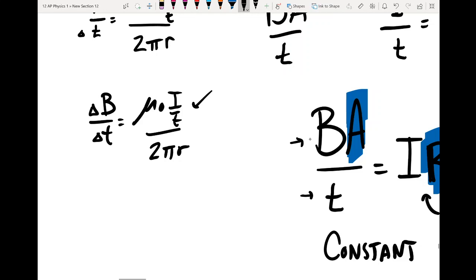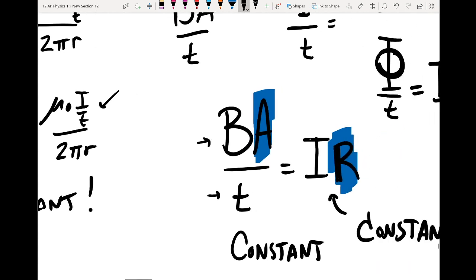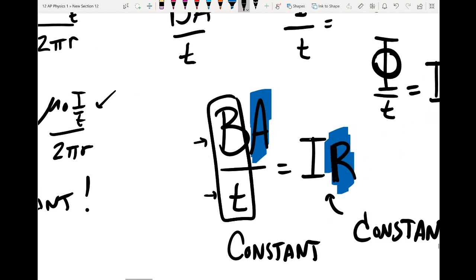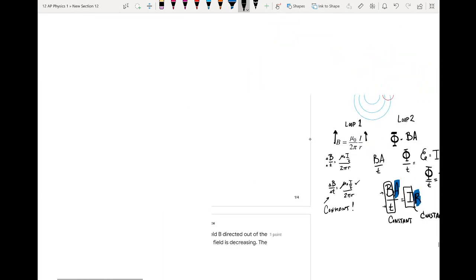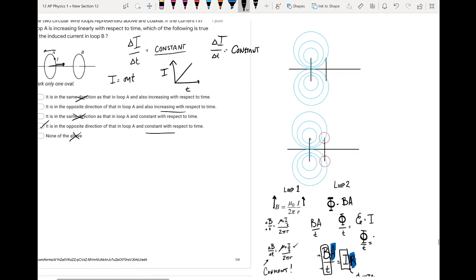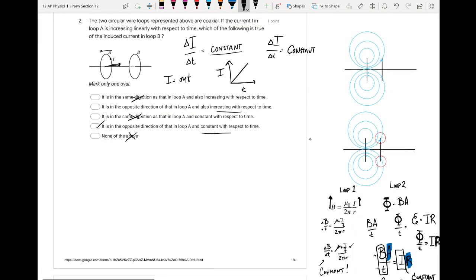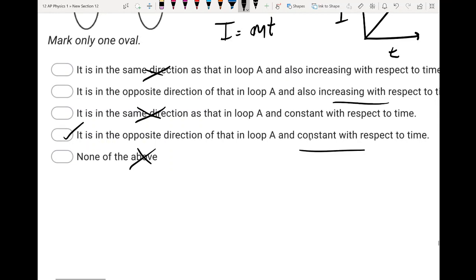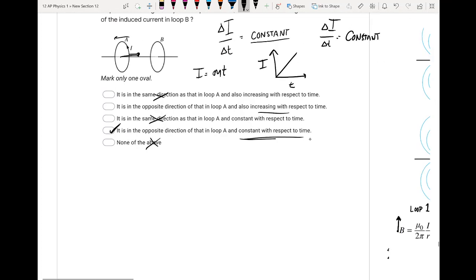So that's a constant, which means that this side throughout time is going to be a constant. So if this B over T is constant, this I also has to be constant. It feels weird that it's not changing, but it's really because our flux is changing at this constant rate. That means that our current has to be constant. So our answer is actually the opposite one, with a constant current with respect to time.